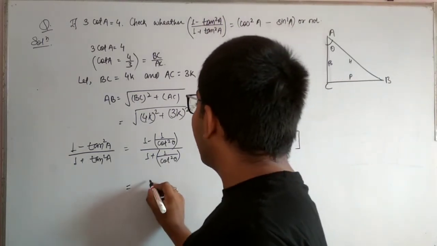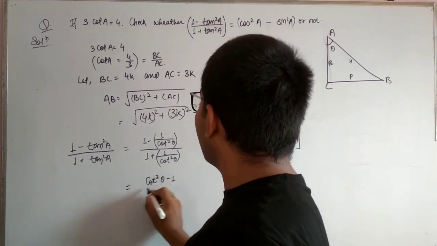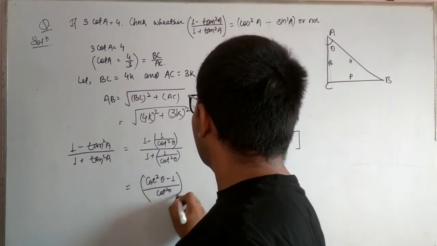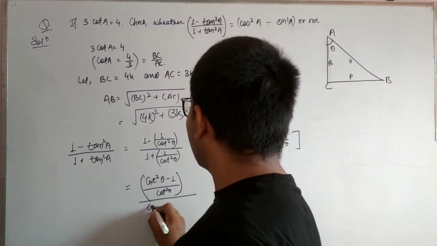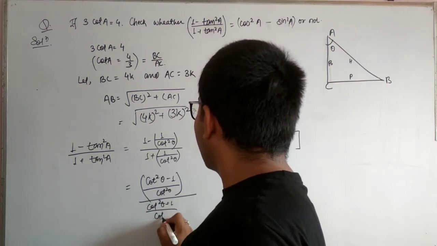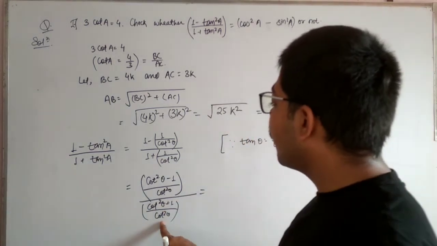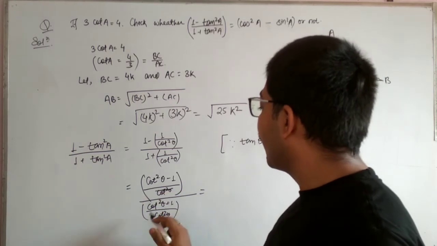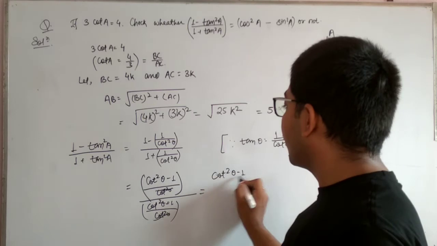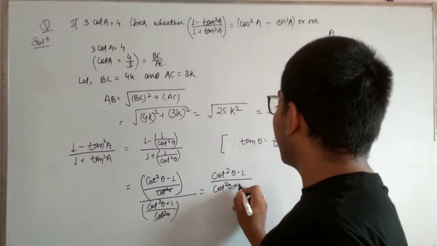After taking the LCM this reduces to cot square theta minus 1 upon cot square theta divided by cot square theta plus 1 upon cot square theta. The cot square theta cancels out, and we get the simplified result cot square theta minus 1 upon cot square theta plus 1.